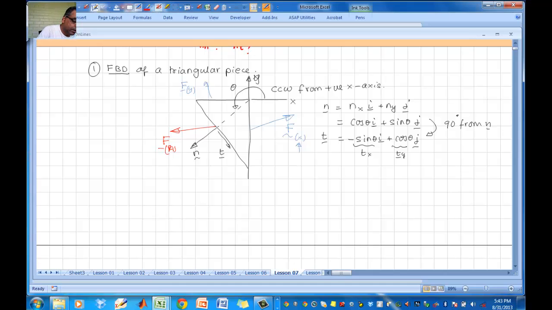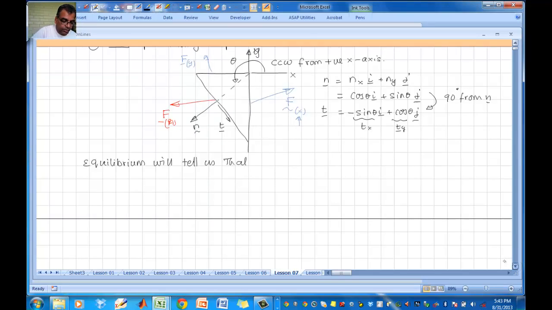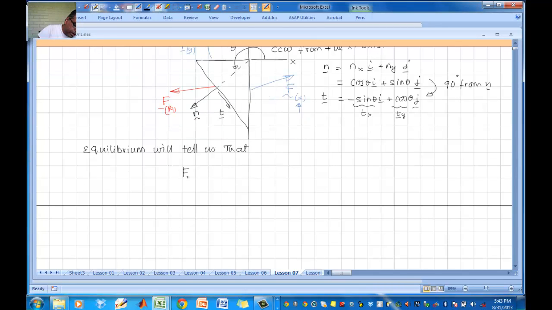Okay, so equations of equilibrium will tell us that the following is true, right? Fn must be equal to minus Fx minus Fy.